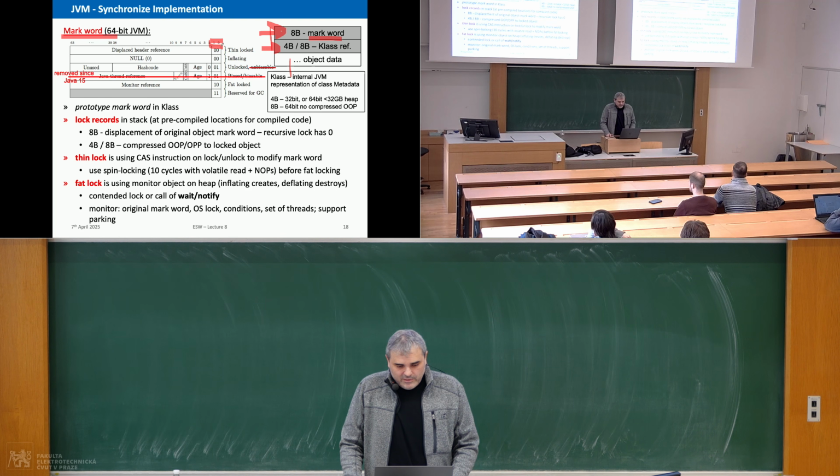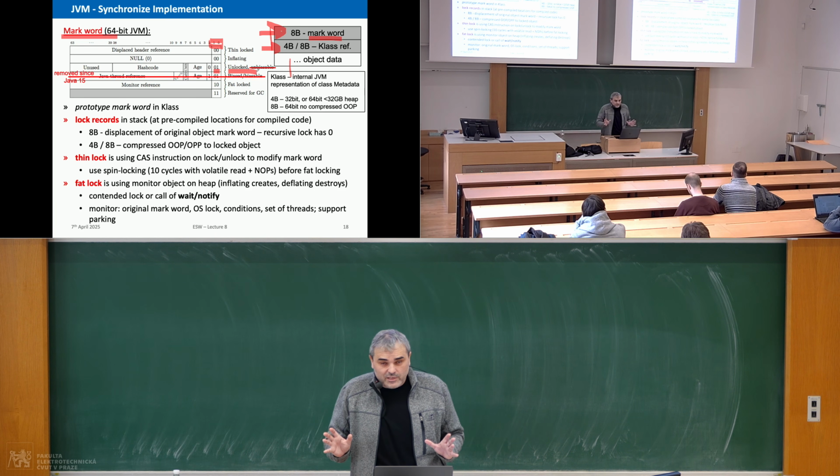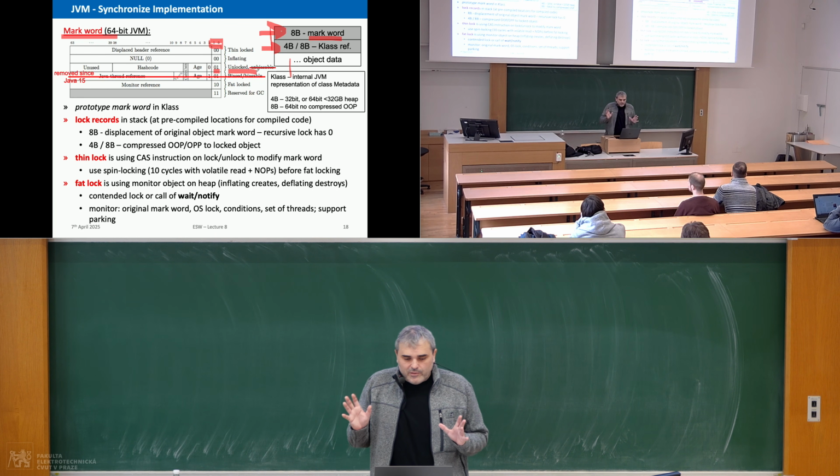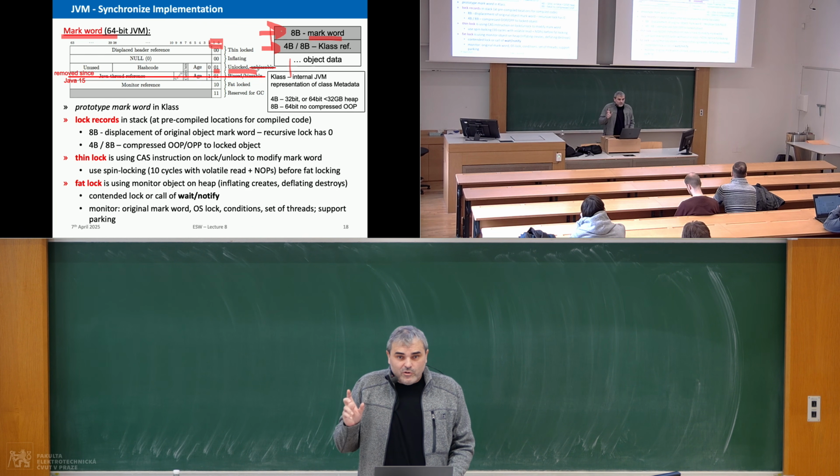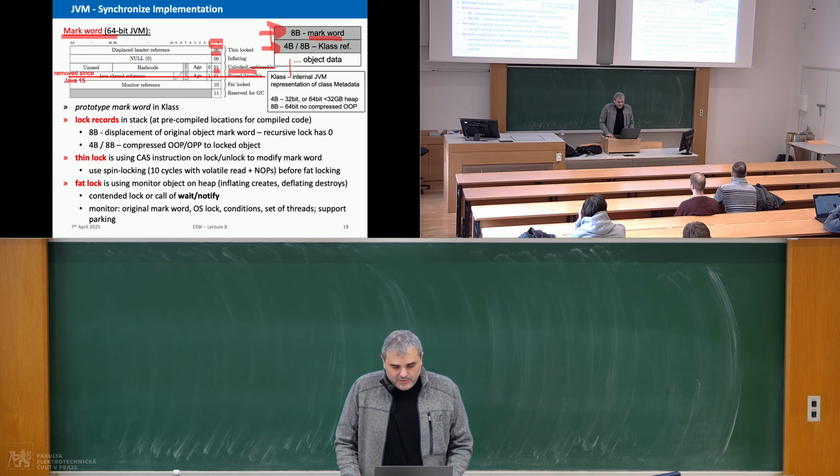What is interesting for us is the combination 0, 1, which means an unlocked object instance. There is a lock assigned to every object instance in the Java Virtual Machine, and by default, that lock is unlocked. If it is locked, then there is 0, 0.